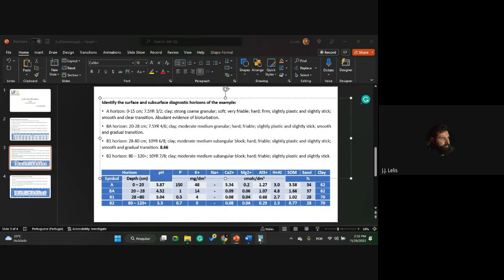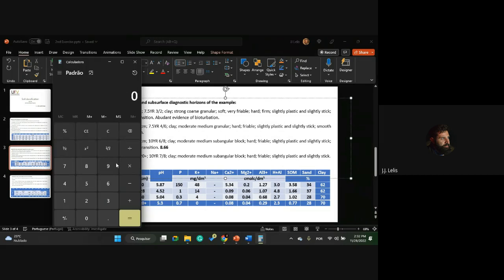So in this case, I just need to sum potassium, that's 0.12, plus, we don't have sodium, we have calcium, it's 5.34, and we have magnesium, again, 0.2.